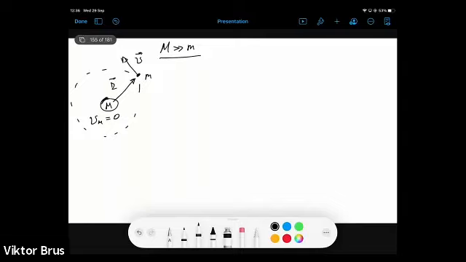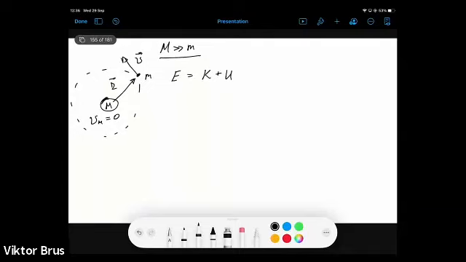Then there is only motion of the small object about this massive object in the center. So in that case, we want to define what will be the total energy of the system. And that will combine kinetic and potential energy.